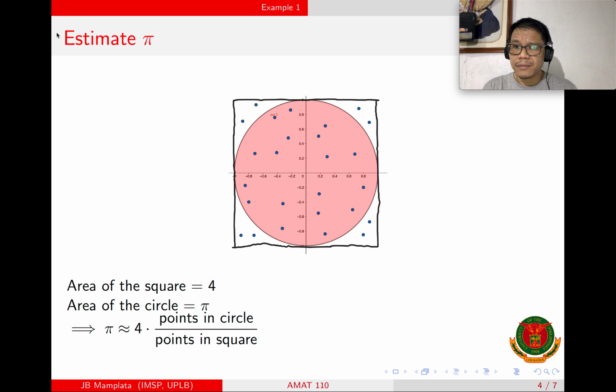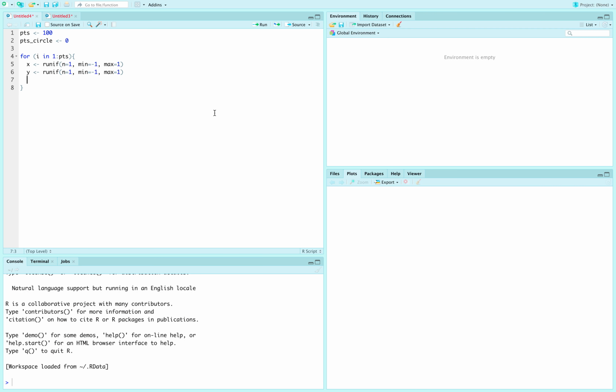And how are we going to do that? Okay? Nasa loob ka ng circle kapag yung distance ng point mo from the origin is less than 1. Otherwise, kapag yung distance ng point mo from the origin is greater than 1, then you are sure that the point is outside the circle.